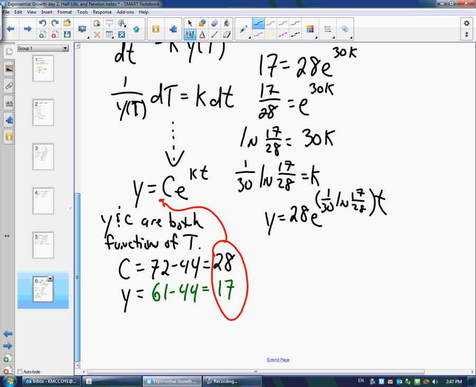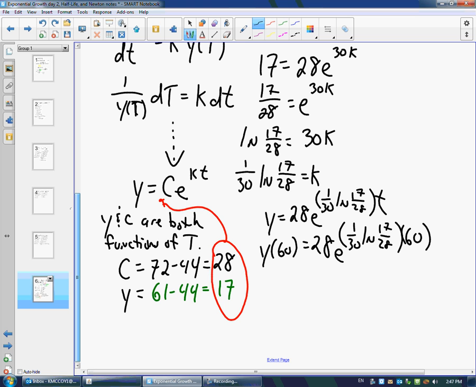So the temperature at 60 minutes is going to be 28 e to the 1 over 30 natural log of 17 over 28 times 60.